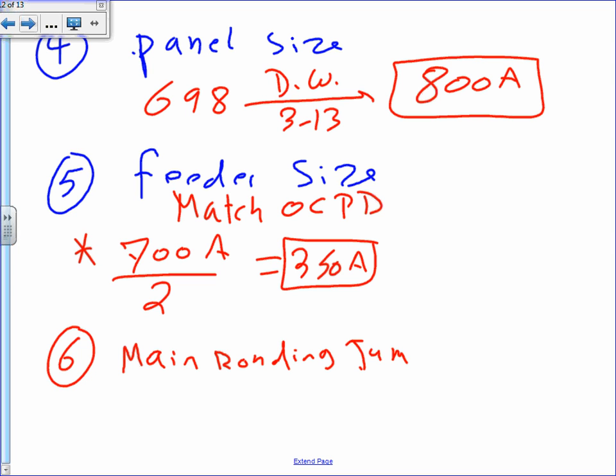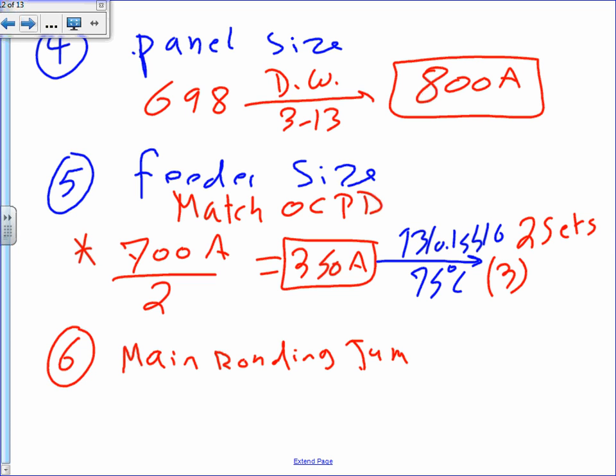And then you take it from here to where? You take it to Table 310.15(B)(16) under the 75-degree column. That is what you get. You get 2 sets of how many conductors? 3 conductors.